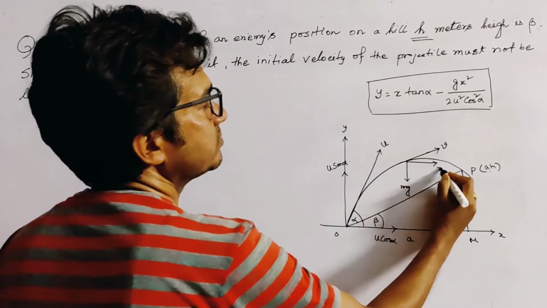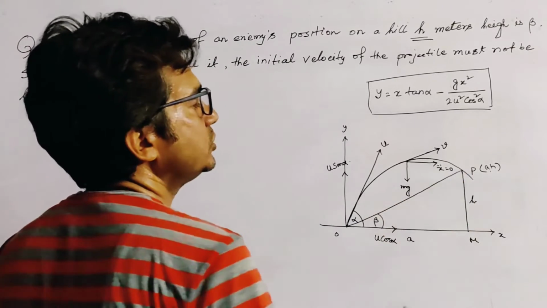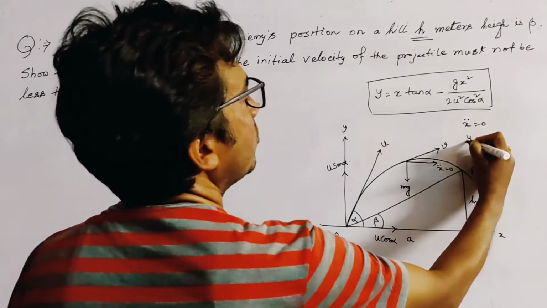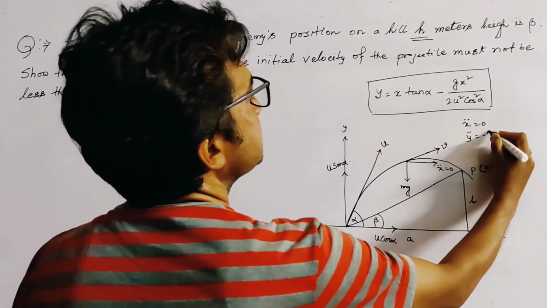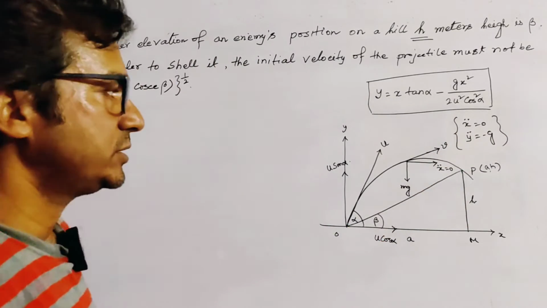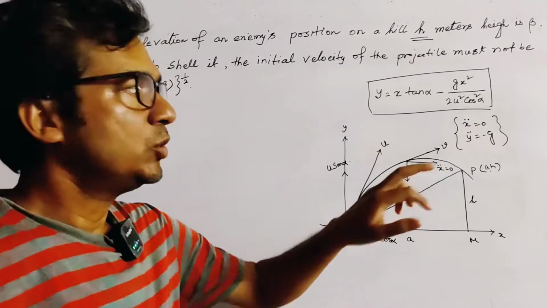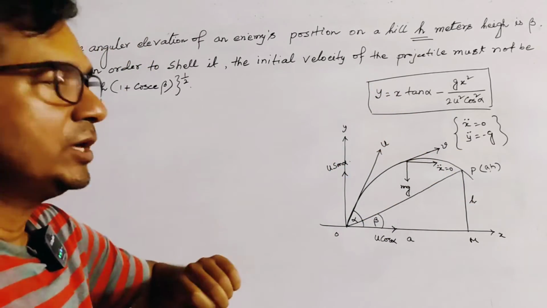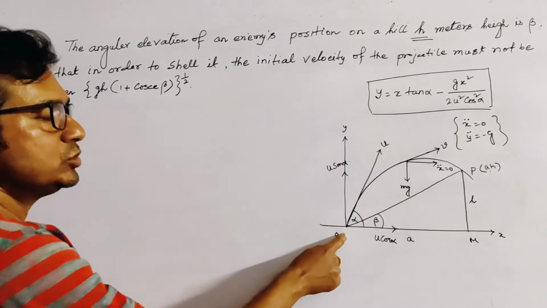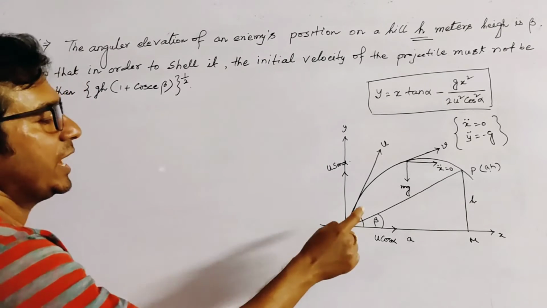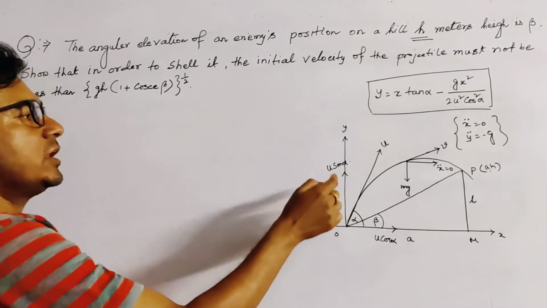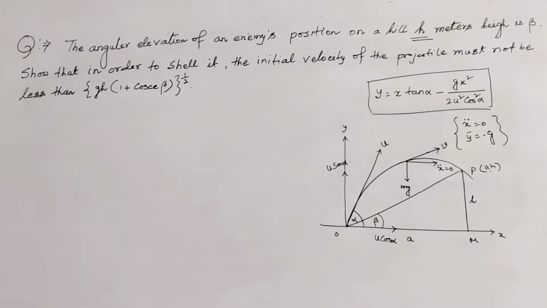There is no force along the x-axis, so x double dot equals 0, and the equations of motion are x double dot equals 0 and y double dot equals minus g. If we solve these equations of motion and eliminate t from both equations, we get this path. We apply the initial conditions: position (0, 0) at t equals 0, initial velocity along the x-axis u cos alpha and along the y-axis u sin alpha.